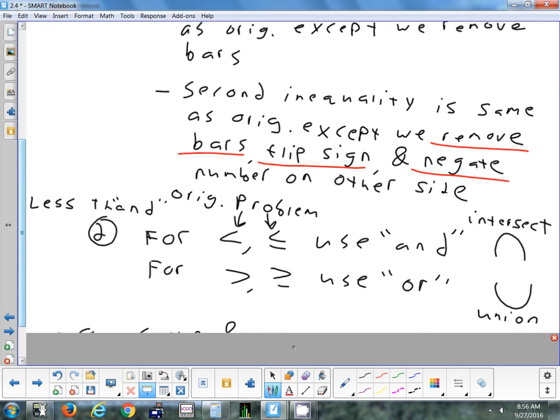If you're doing it as an interval, you don't use the words and or. You use something that means and or, but it's a symbol. So if you're writing your answer as an interval, we've seen this one before. That's a union. That means or. Or upside down, that's an intersect. That means and. So just make sure you're either going to use ands and ors if you've got inequalities. You're going to use intersects and unions if you're writing intervals.